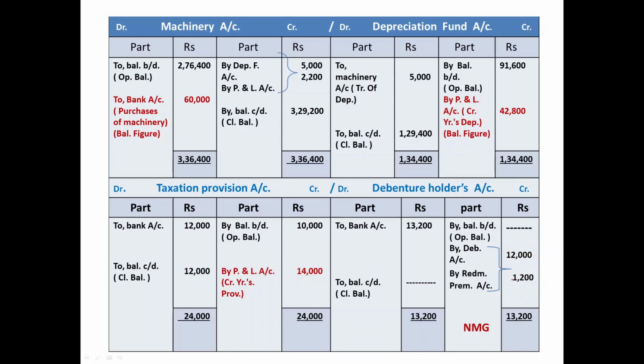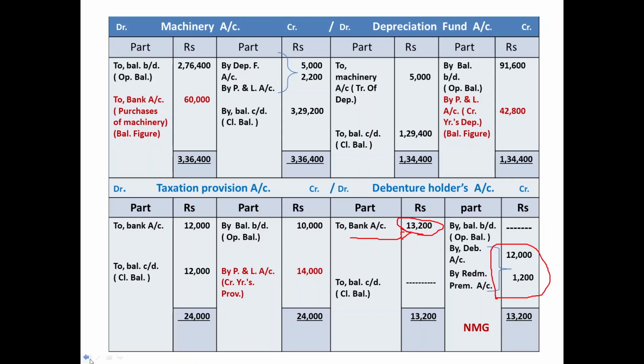Have a look. The debenture holders account posting of the 13,200: opposite narration, opposite amount, by debenture account 12,000, by redemption premium account 1200, total is 13,200. Then the posting of the second journal entry, debenture holders account debited to bank account credited 13,200.